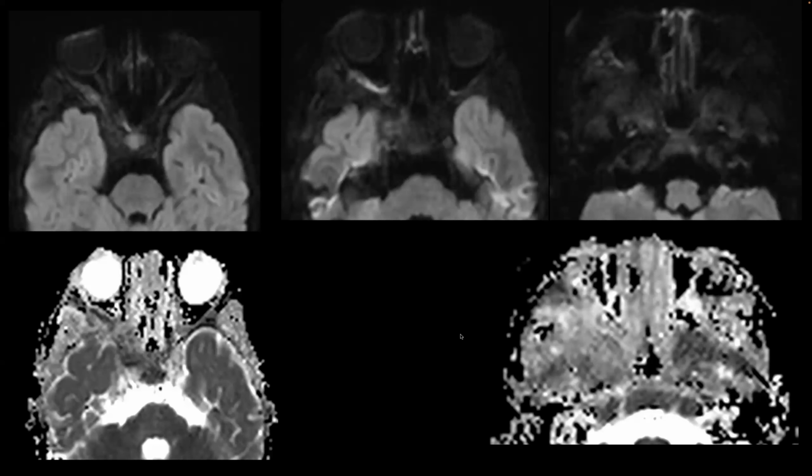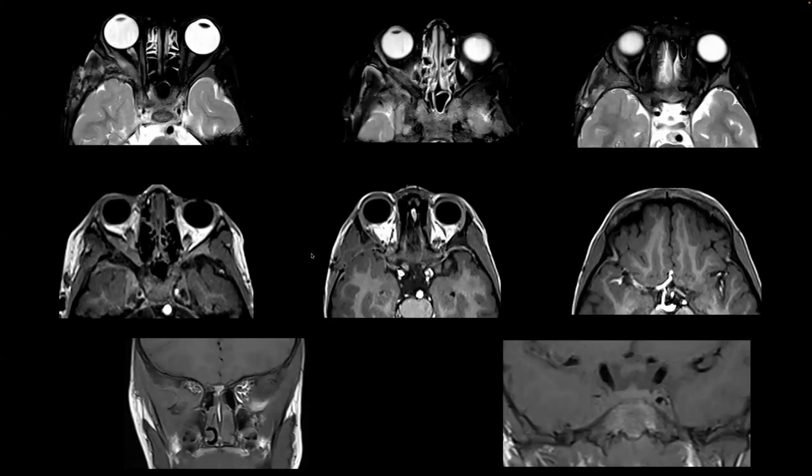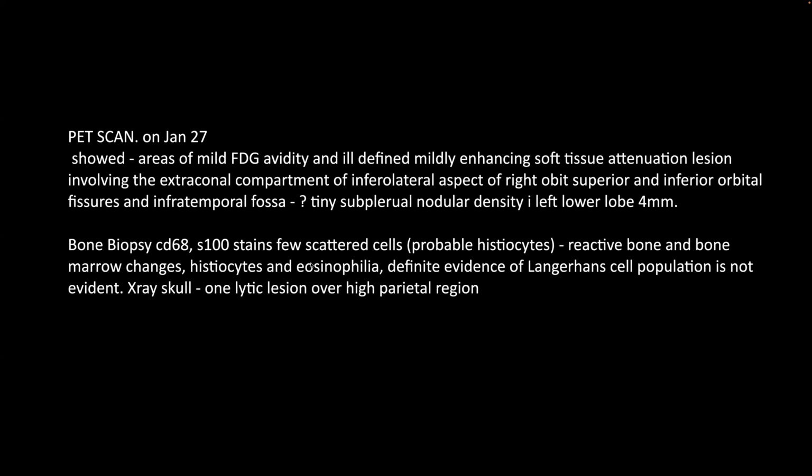Initially, we were thinking along the lines of LCH or a lymphoma. So we had done a biopsy of the bone. Unfortunately, tissue could not be taken. A biopsy was taken, and it was initially not conclusive, but a few histiocytes were seen. So we started LCH management, but there was no improvement.